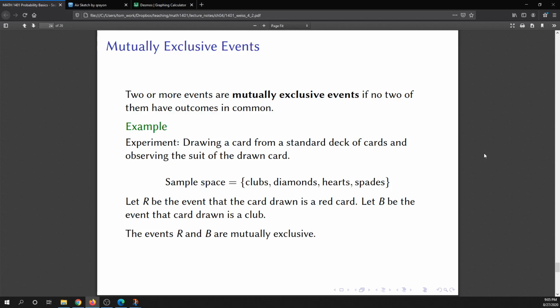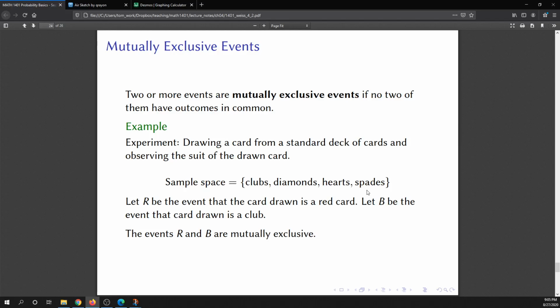In this example, we just have two events, and here we are going back to that experiment about drawing a card from a standard deck of cards and looking at the suit of the drawn card. So our sample space was clubs, diamonds, hearts, and spades. R is the event that a red card is drawn from the deck.